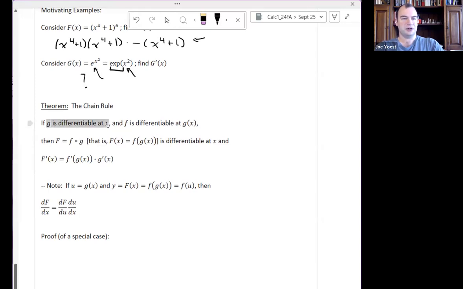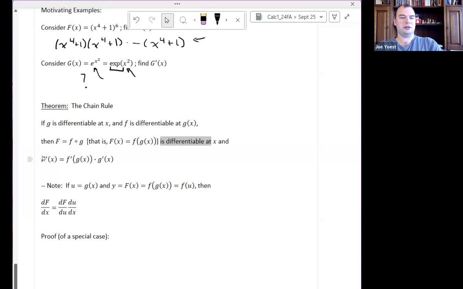So if g is differentiable at x, and if f is differentiable at g of x, remember with a composition, the output of the inner function is what's getting plugged into the outer function. So that's why f has to be differentiable at the output of g. Then the composition is differentiable at x. So we have a statement that differentiability is available in this case.